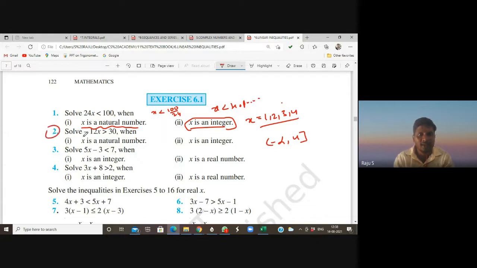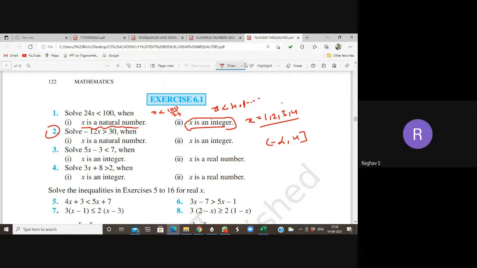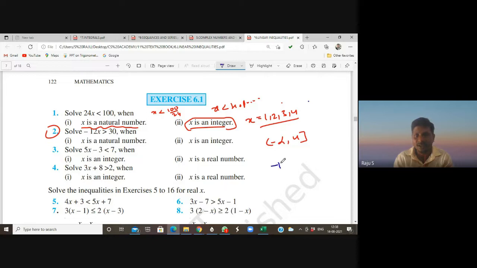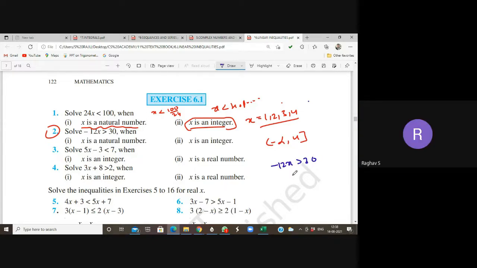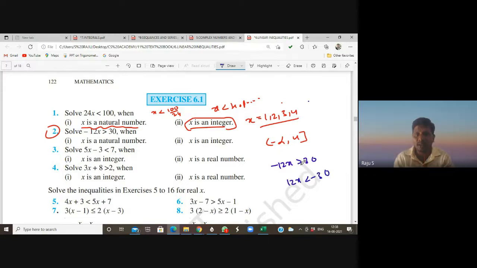And the second question: solve minus 12x greater than 30 when x is a natural number. So in this case x is less than minus 30 by 12. Minus 12x greater than 30 means the sign changes. Whenever you multiply with minus, greater than becomes lesser than.